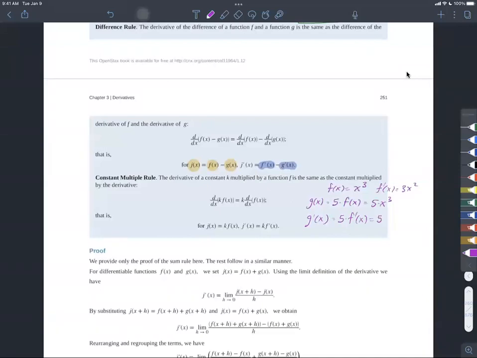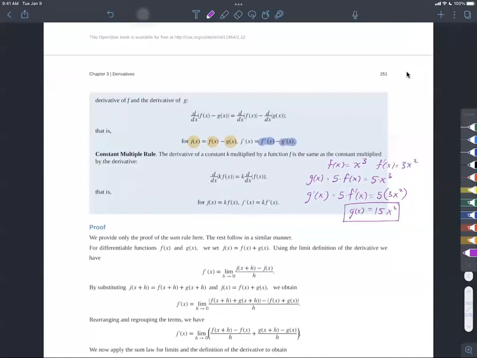So this is 5 times 3x squared, which is just 15x squared, and we're done. There's the derivative of a constant multiple. And this works for any constant. If the constant was 6, then we can take the derivative of the function f of x and then multiply it by the constant afterwards.